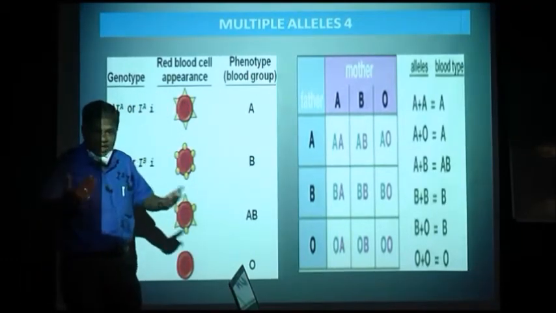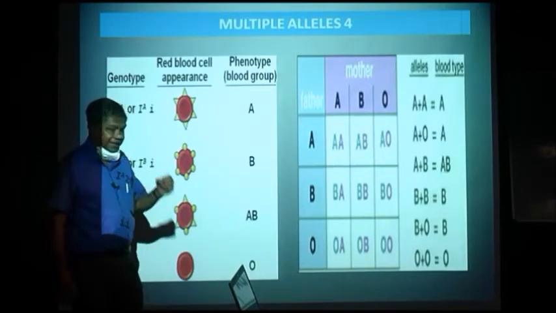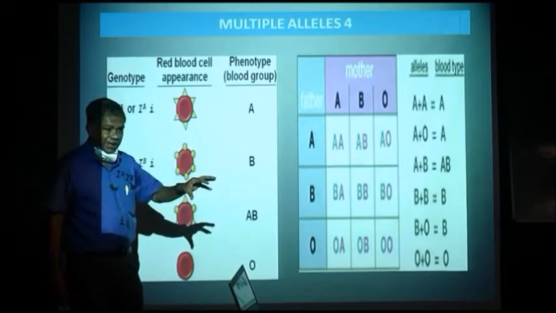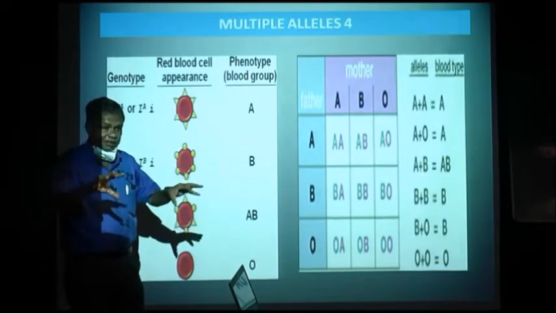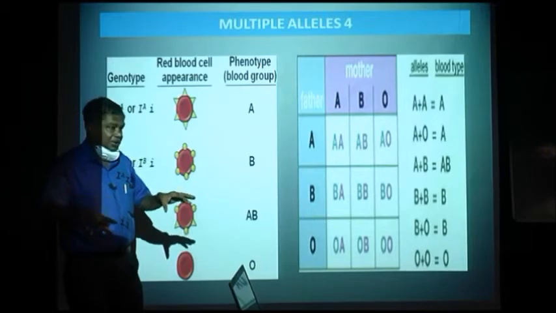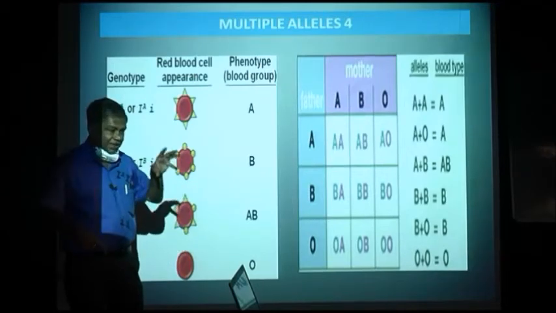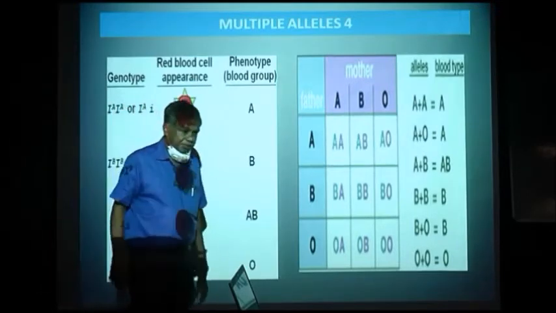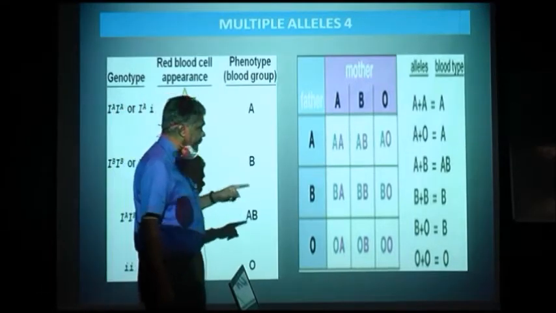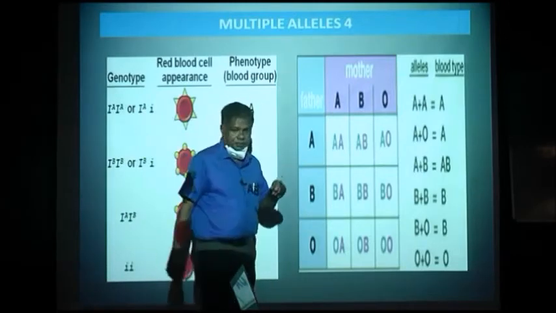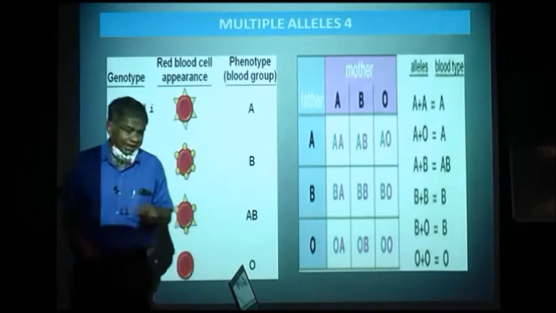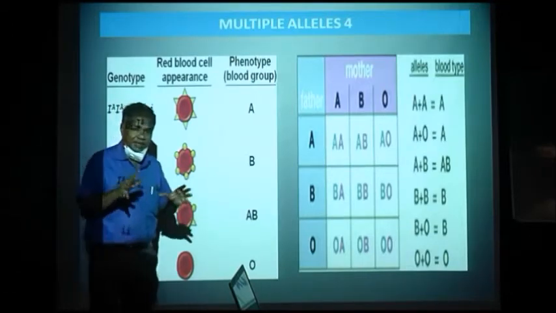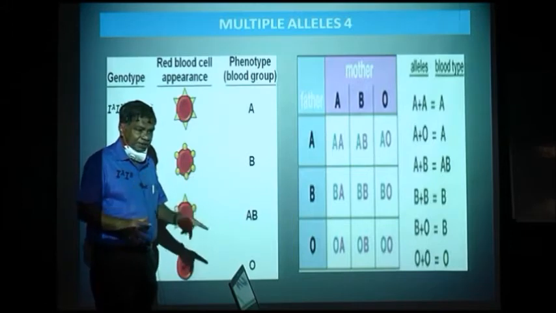When I produce gametes, I get capital A in one gamete and capital B in the other gamete. So there are two gametes, one containing capital A and the other containing capital B. Now my wife's blood group is O, so she will have small i, small i, meaning both recessive.